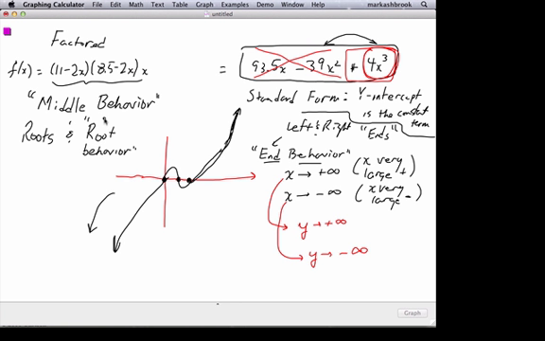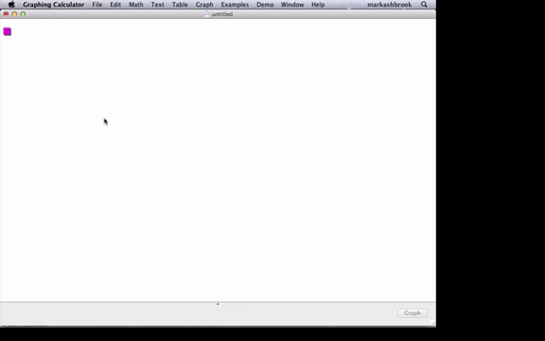Do you see that? Negative 6x, 3x plus 2 squared times x squared minus 4. What I want you to do is find the roots, and then I'll show you the standard form, and from the standard form you're going to find the y-intercept and the end behavior. So you're going to find the roots.